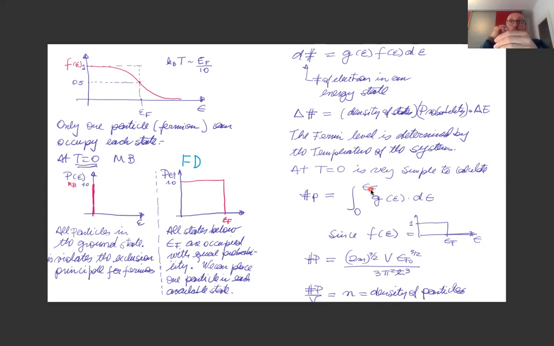So the value of the energy level is really material dependent, because it depends on the density of electrons available, and that depends on the density of atoms and the valence of each one of the electrons.